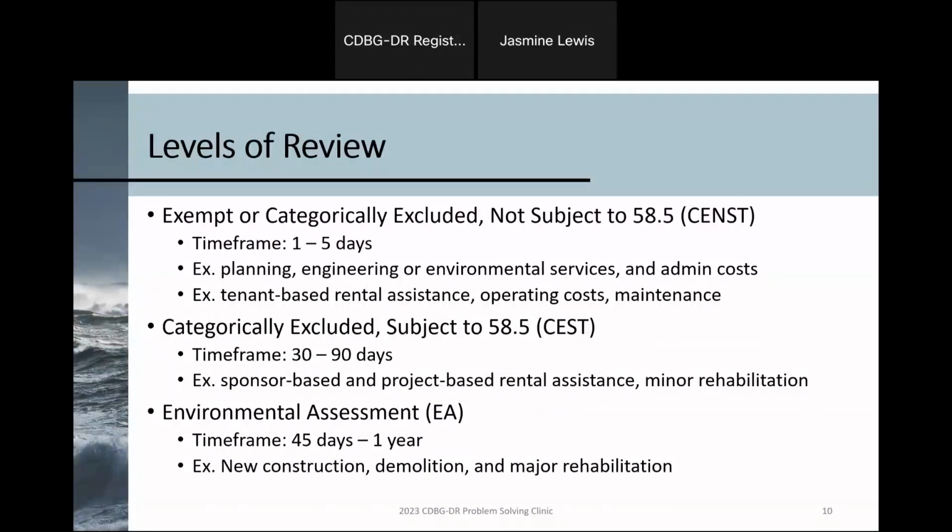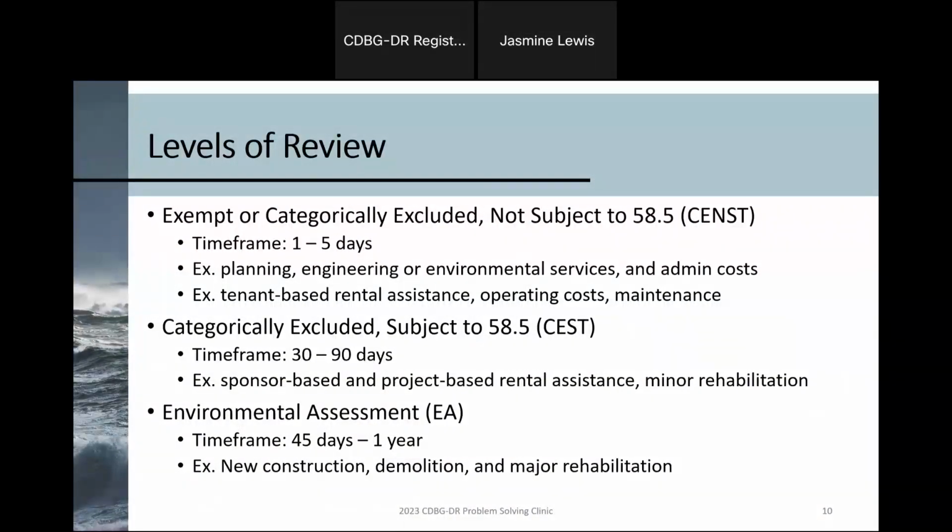So instead of going through all of that with you today, just be sure to read the Part 58 regulations. If you're not sure whether you have a rehab activity that would fall under CEST or trigger a higher level review, just check the regs or reach out to your regional or field environmental staff. The typical timeframe for CEST reviews is between 30 and 90 days.